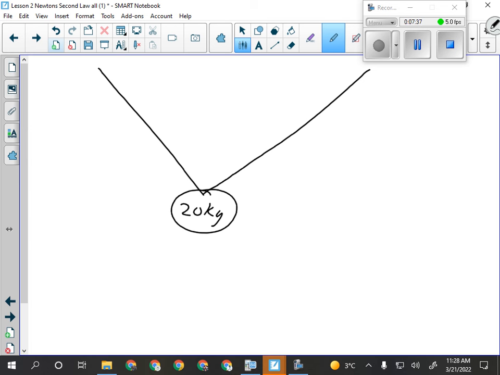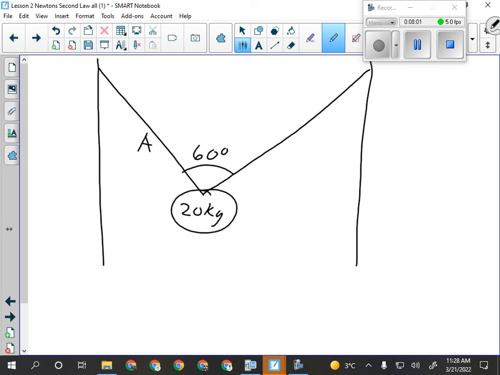Okay, so let's say that there's 60 degrees between those two cables. I want to find the tension in the cable. Let's say cable A. Did we look at one like this on Friday? I feel like we did. Maybe it was my period 3 class. Okay, see if you can calculate the tension in cable A.